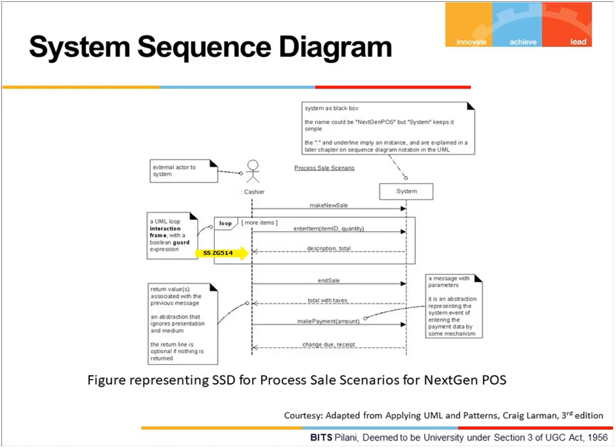It's almost half the weightage for these notations, so you have to be really careful about them. Lines for the messages going from the external actors to the system are solid lines with solid arrows, and coming back from the system to the actor are dotted arrows.